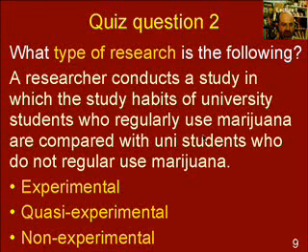We're using naturally occurring groups of students, and indeed it would be unethical to probably do this study and randomly allocate people to illegal drug use and not illegal drug use. But we could go out there and sample from naturally occurring groups, and that would make this a quasi-experimental study.